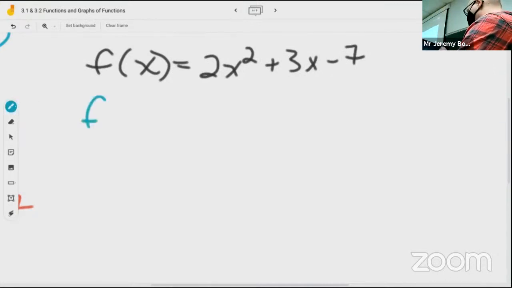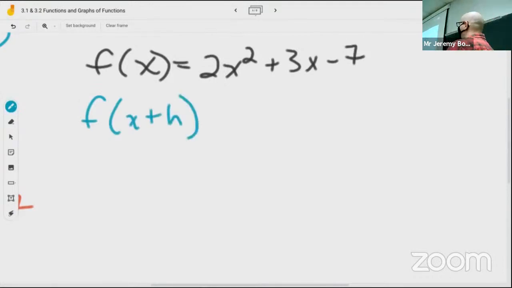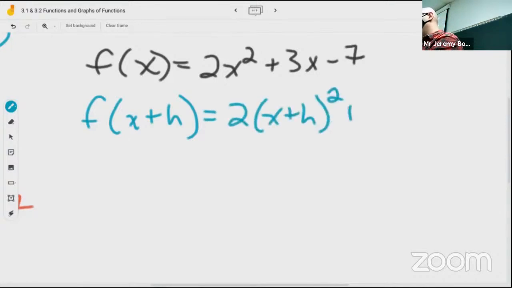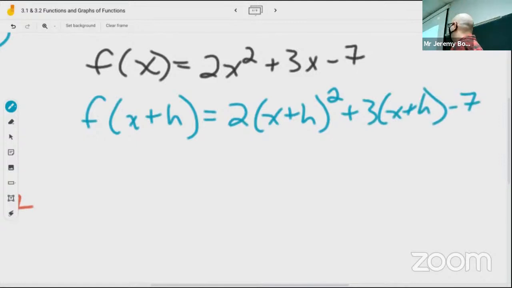What if I want to know what f of x plus h is? We're going to plug it in, right? So it's going to be 2 times x plus h squared plus 3 times x plus h, and then minus 7.